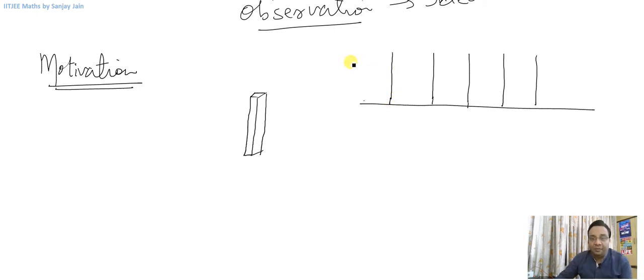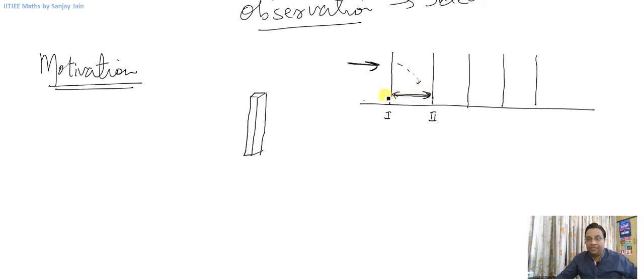Now if I push the first one, this will fall like this in this direction, right? Now if this gap between this first tile and the second tile is lesser than the height of this tile, right? Now I am pushing this tile like this, this first tile will fall like this, and whether it will fall on the second one or not will depend on this gap.